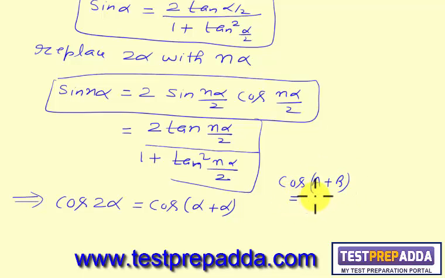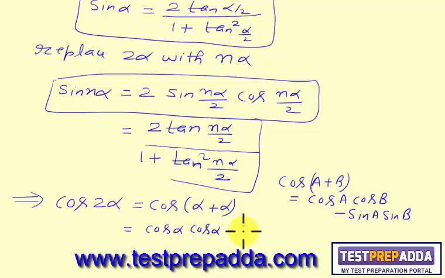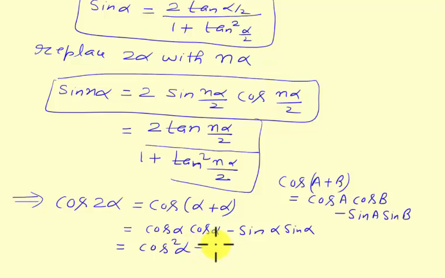The formula is cos A cos B minus sin A sin B. Substitute there. It will become cos alpha into cos alpha minus sin alpha into sin alpha, and as a result it becomes cos square alpha minus sin square alpha.